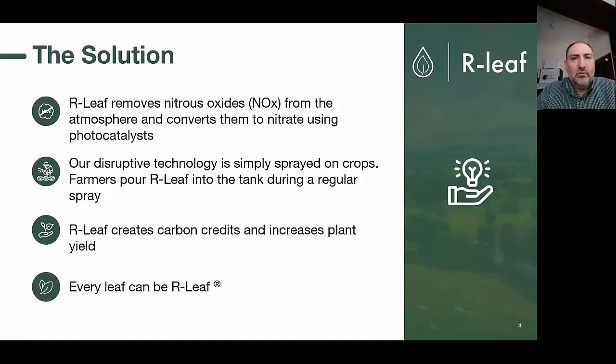We've got a calculator which you can use from the data that we have produced, and we're producing more data this year.